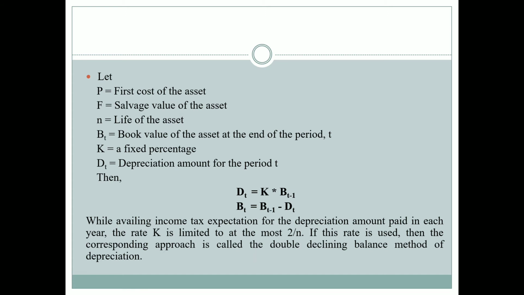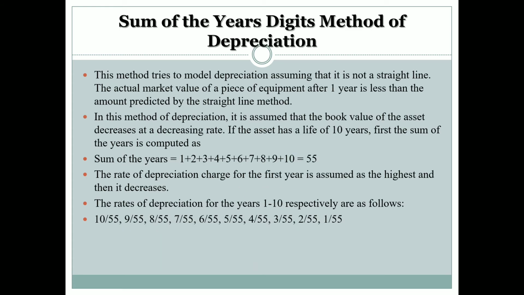Next, BT is equal to BT minus 1 minus DT. While availing income tax exemptions for the depreciation amount paid in each year, the rate K is limited to at most 2 by N. So it is called the double declining balance method, where K is replaced by 2 by N.